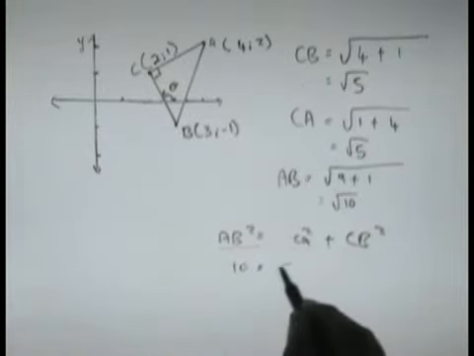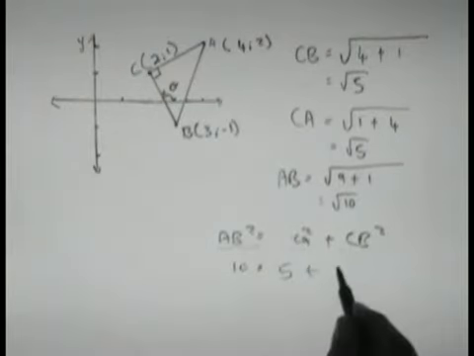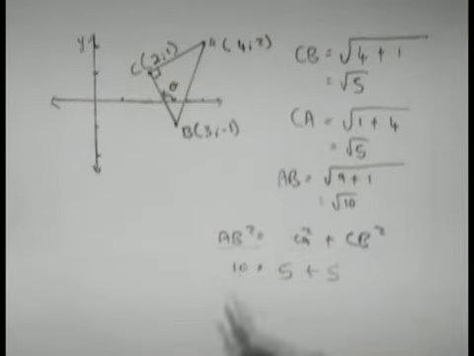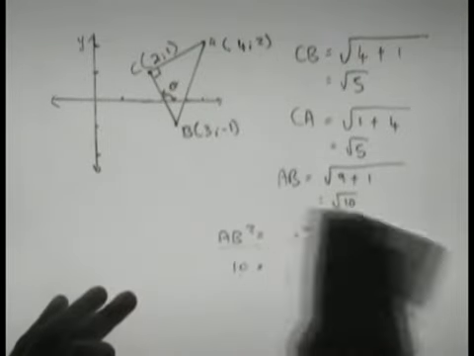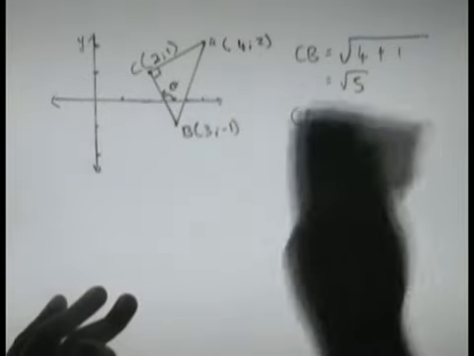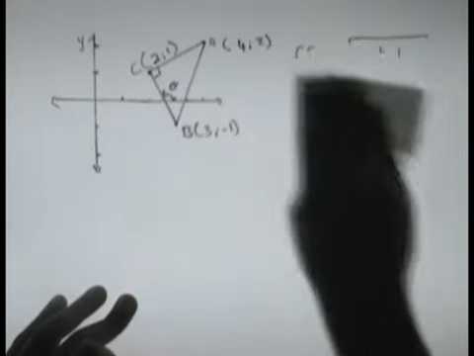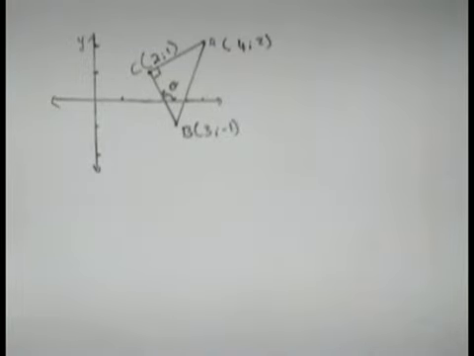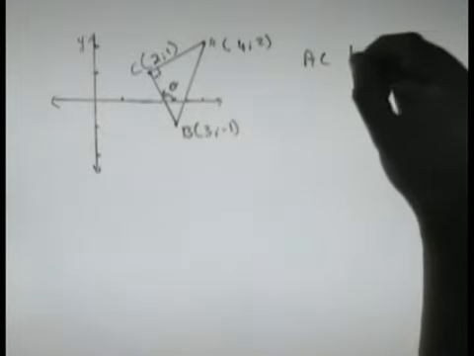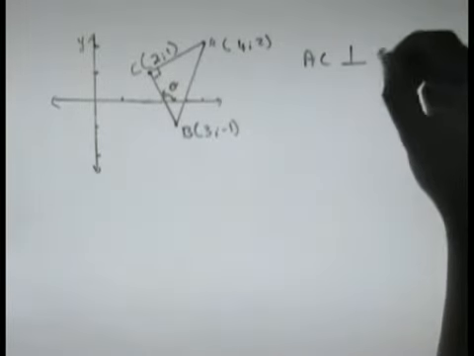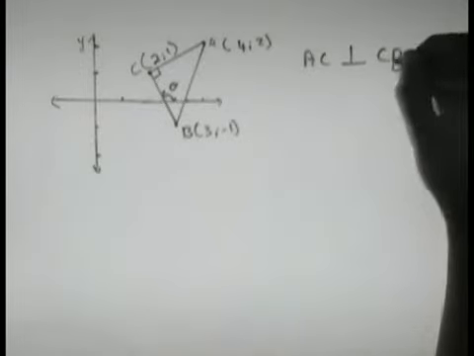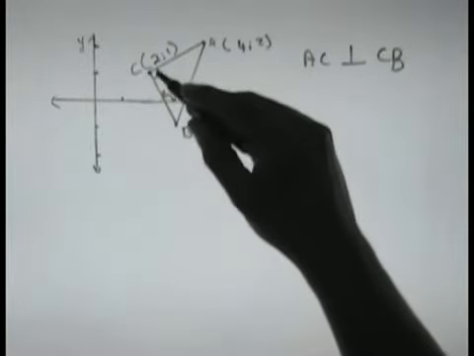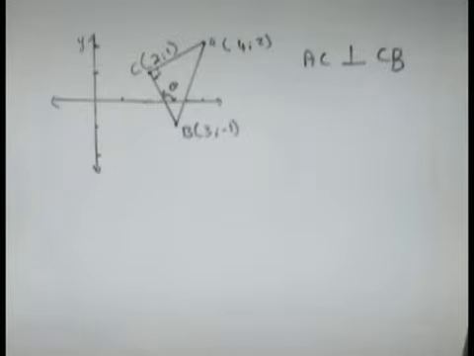CA squared is equal to 5, plus CB squared is equal to 5. 5 plus 5 is equal to 10, which means that this holds true, that ABC is in fact a right angled triangle. That means that AC, we now know, is definitely perpendicular to CB, which means that that's a right angled triangle.